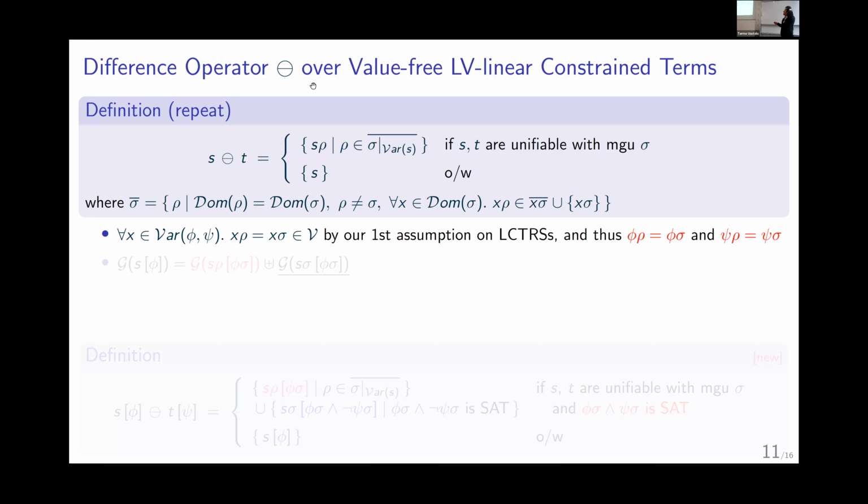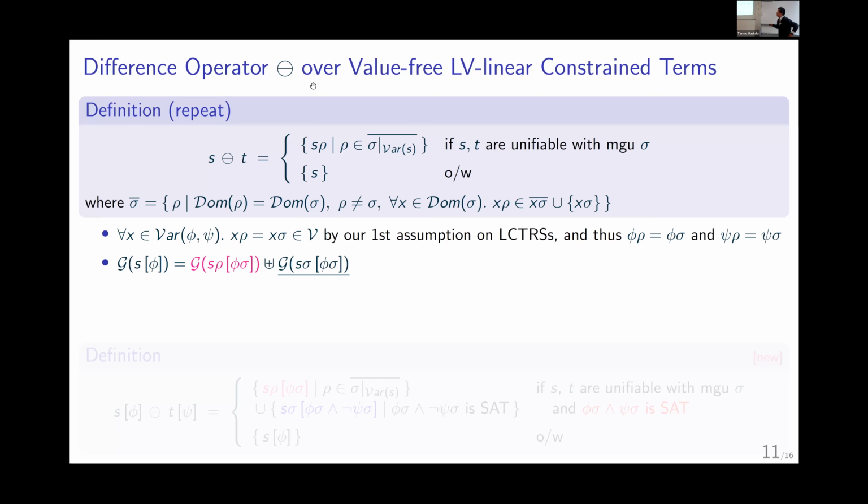And so we have these two equivalences: phi rho and phi sigma are equivalent, and psi rho and psi sigma are also equivalent. So this is one important property. And then this is another important property. So let's consider a ground constructor instance of S phi. So this set can be split into two parts.